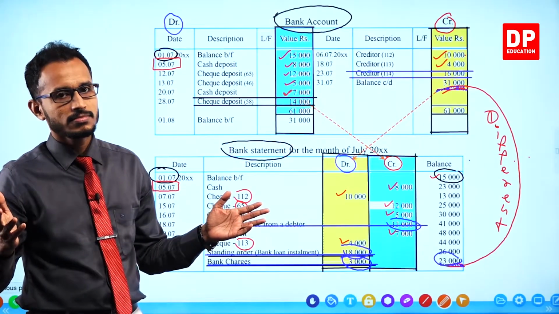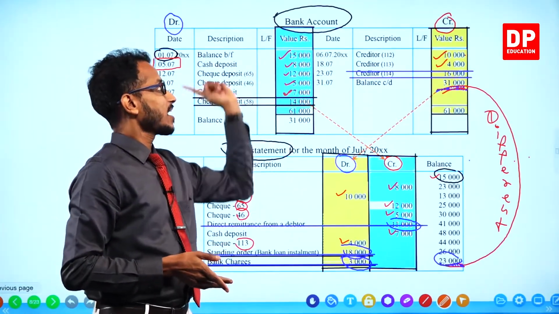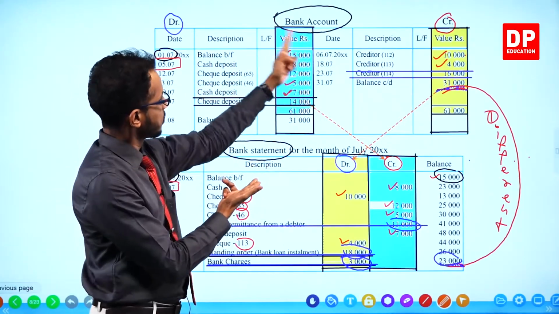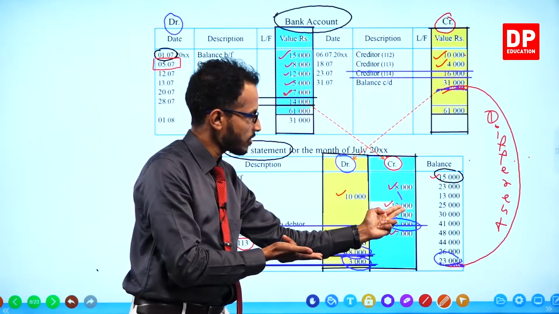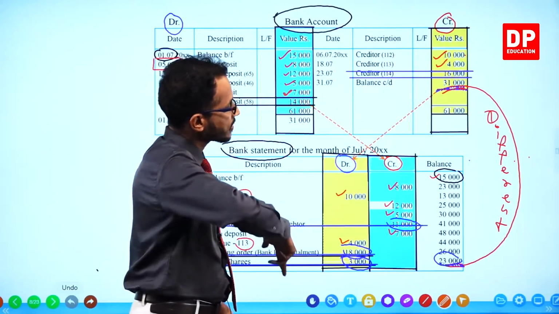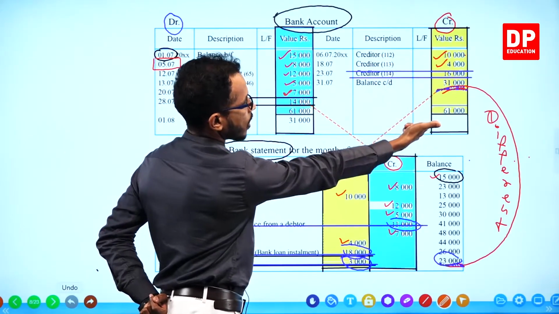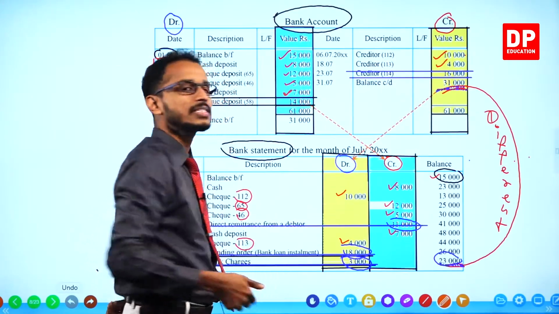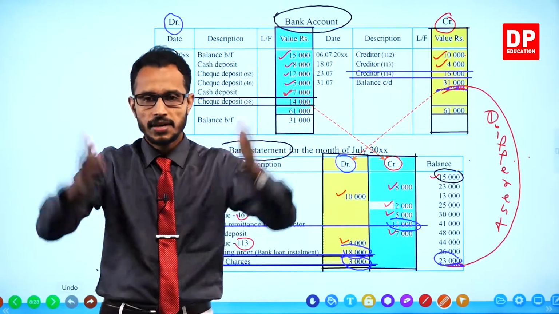For the debit side I used the light blue color, and it is compared with the credit side of the statement. And for the credit side I used the light yellow color, and the credit side is compared with the debit of the statement. A cross-checking.